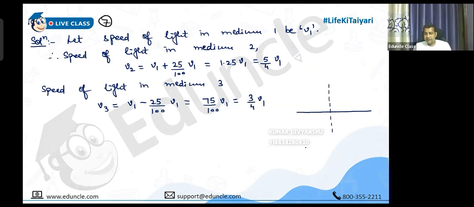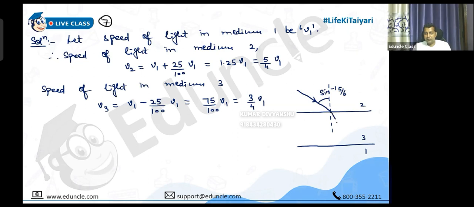What is happening? This is the final diagram. Now I think it must be clear to you why you cannot go with that.